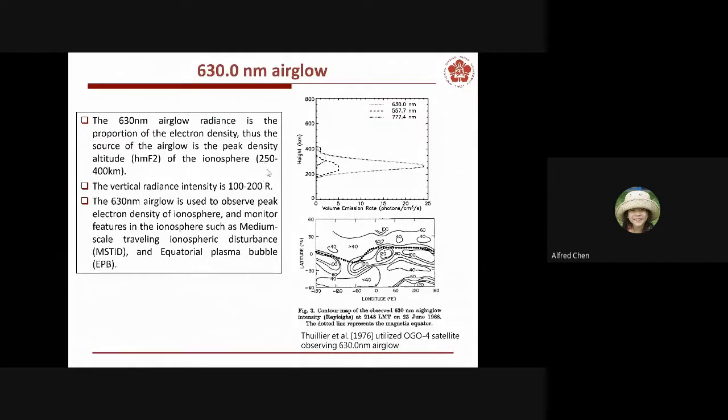The vertical radiance is about 100 to 200 rayleighs. So the observation of 630 nanometer airglow is used to observe the peak electron density of the ionosphere and monitor some features of the ionosphere such as MSTID and the EPB.